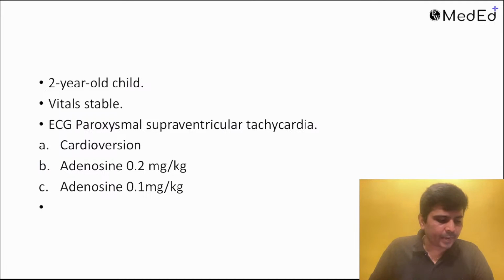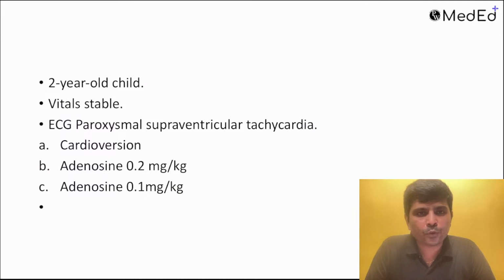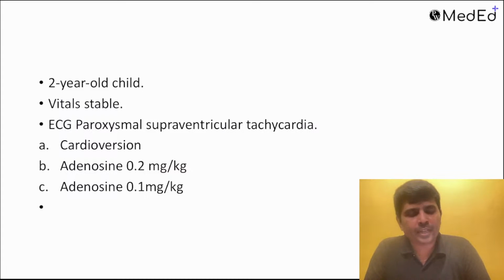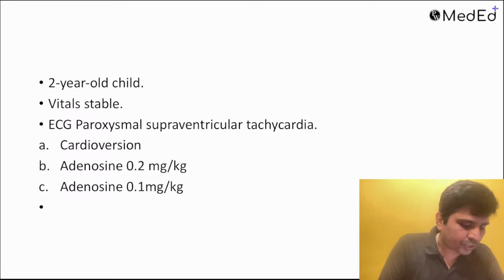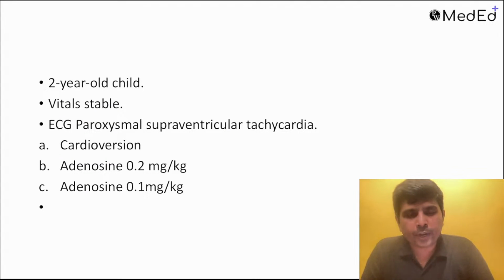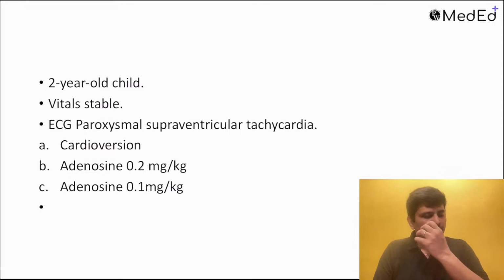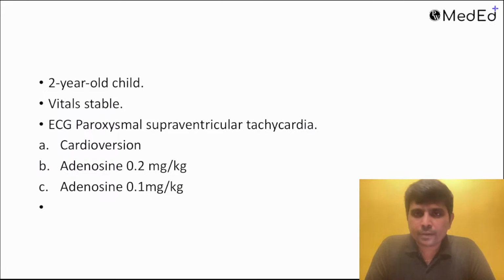So what is the answer? A majority of you would be answering adenosine. We all know that. So is it 0.1 mg per kg or 0.2 mg per kg? I'll be looking into the chat box. The answer is very simple. Whenever you have a narrow complex tachycardia, you need to see whether the child is stable or not.